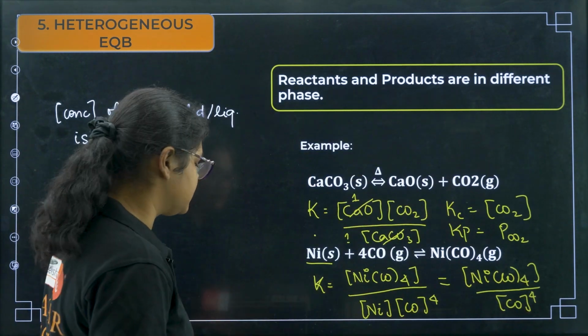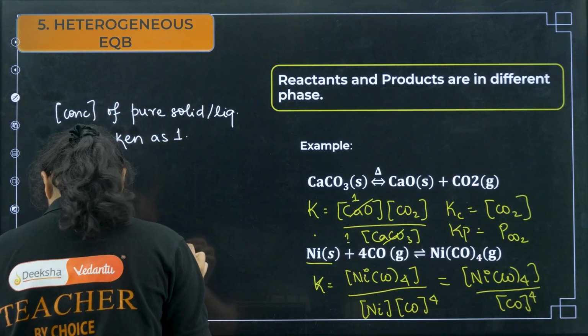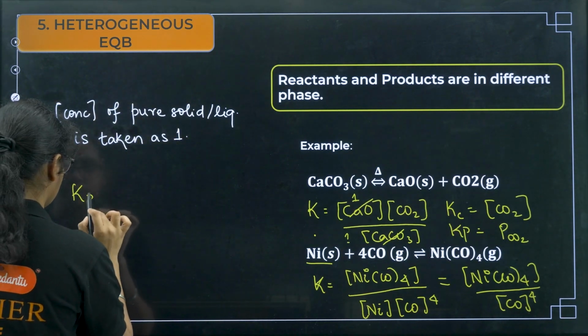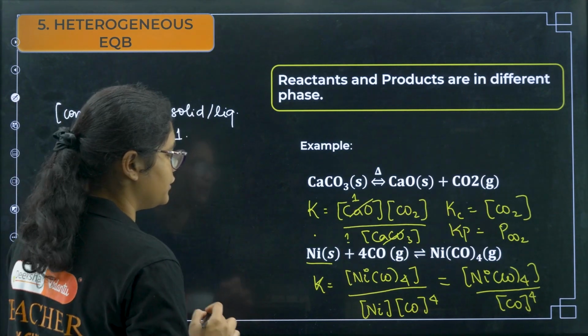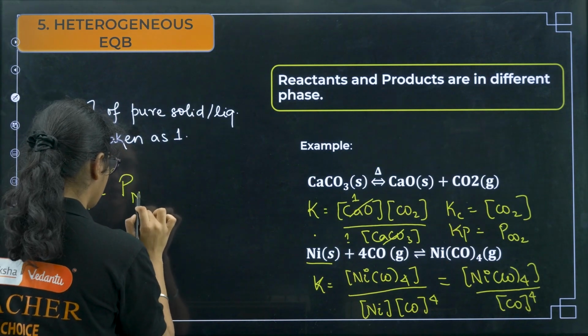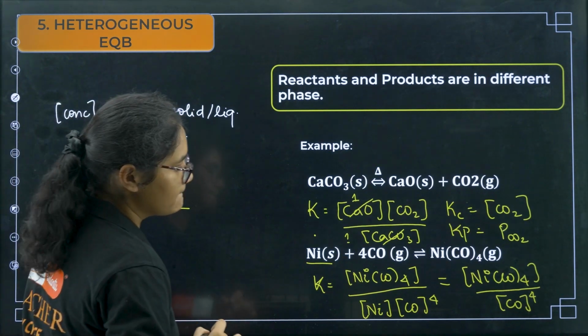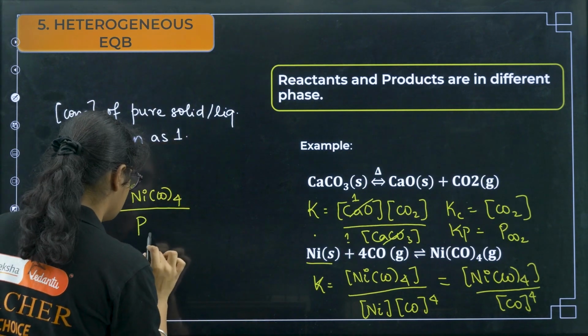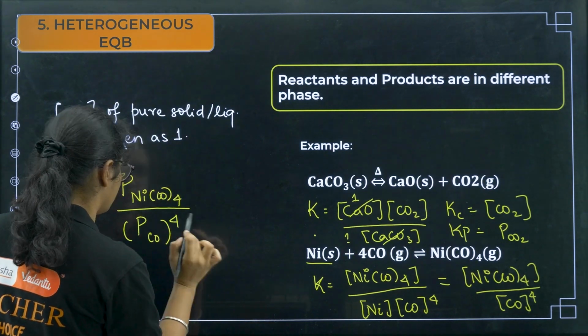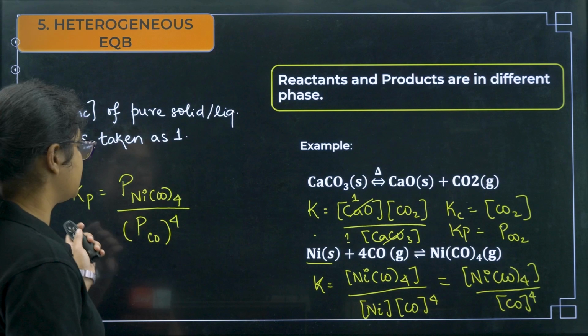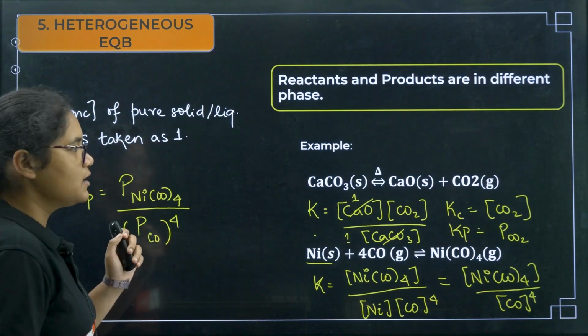And since it is gas, we can also write in the form of Kp, right? Kp is equal to P of Ni(CO)4 divided by P of CO to the power of 4. Okay, so that is the expression of Kp.